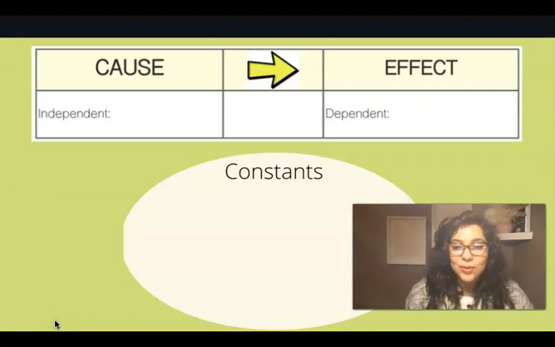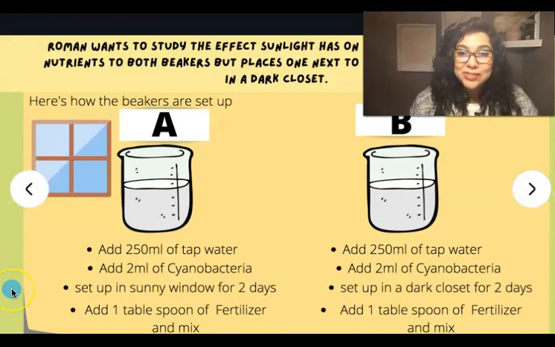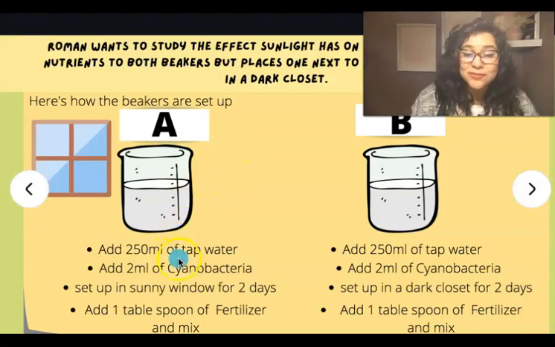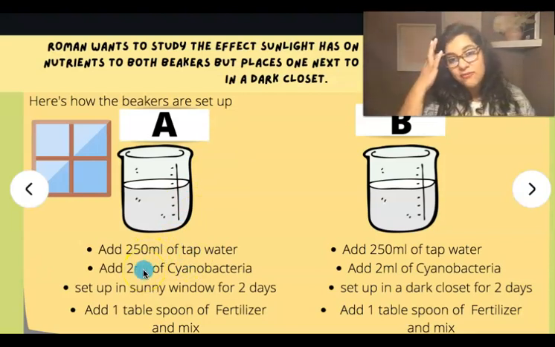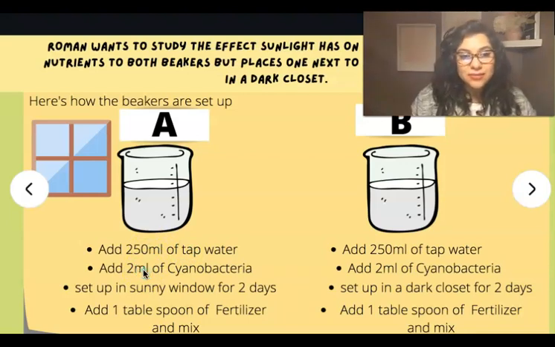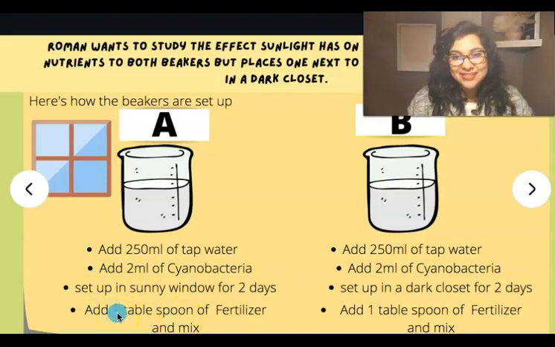What are some things that we kept the same throughout the entire experiment? So some constants include the amount of tap water, which was 250 mLs for both beakers. Also, the amount of cyanobacteria and the amount of fertilizer. Each beaker received 1 tablespoon of fertilizer mix.